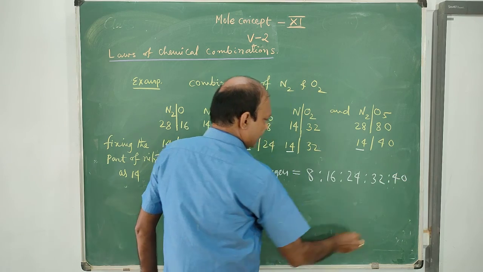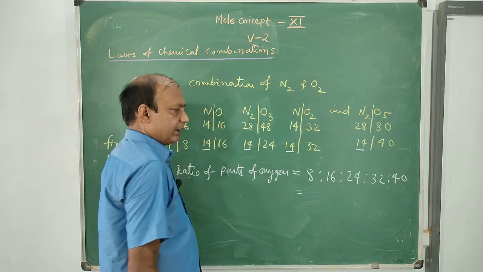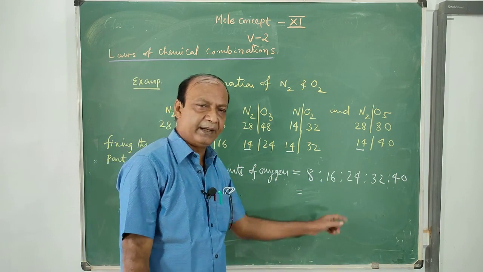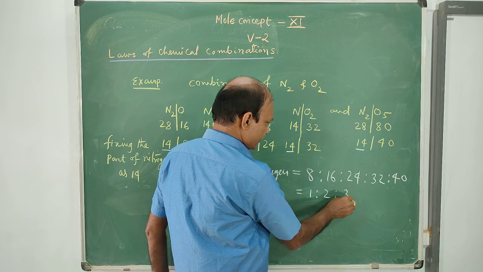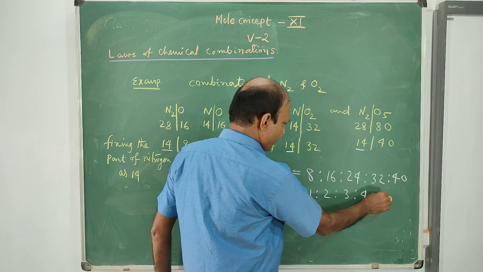Now see, this ratio can be simplified as 1:2:3:4:5.